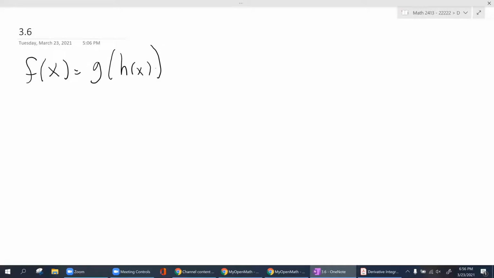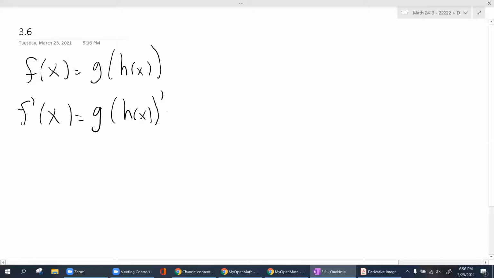What we know from the chain rule is that the derivative of this is going to be g prime of h of x times the derivative of the inside.